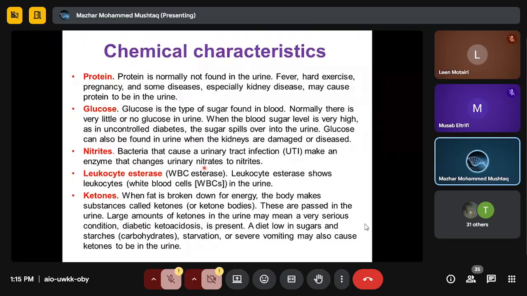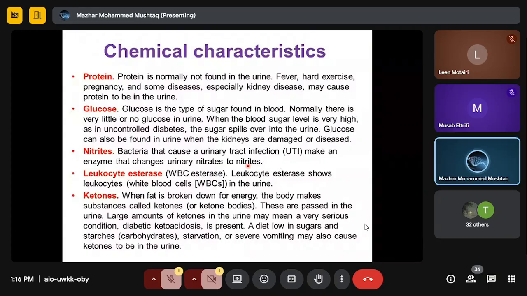But if you do not have the nitrate and the nitrites are there, that means some sort of urinary tract infection, because bacteria convert nitrate to nitrite. So the presence of nitrite means some sort of infection. Nitrates are normal, nitrites are not normal, and that is suggestive of some sort of disease.